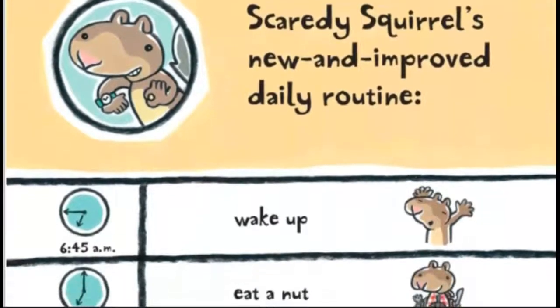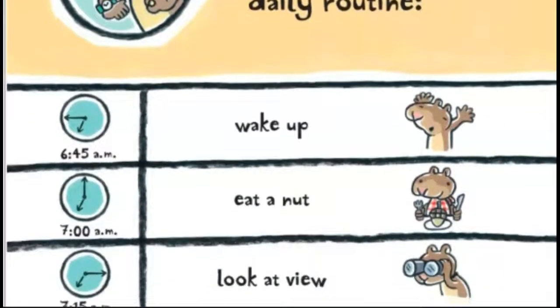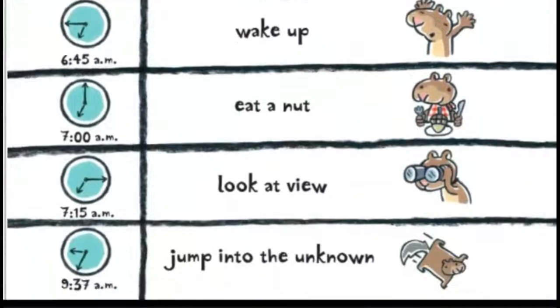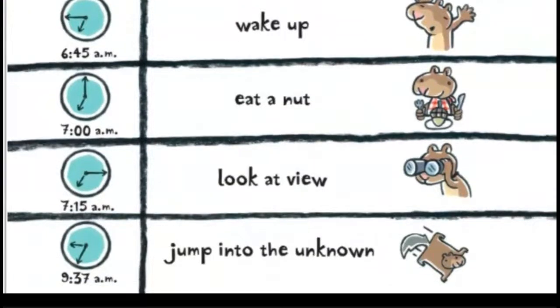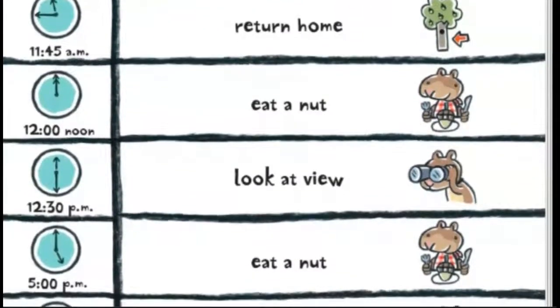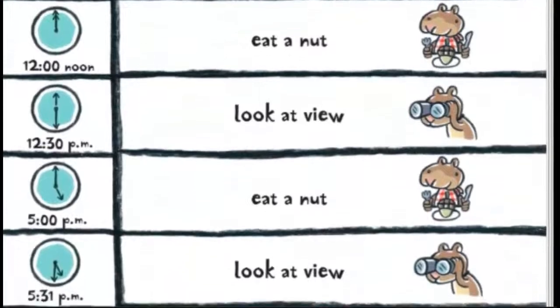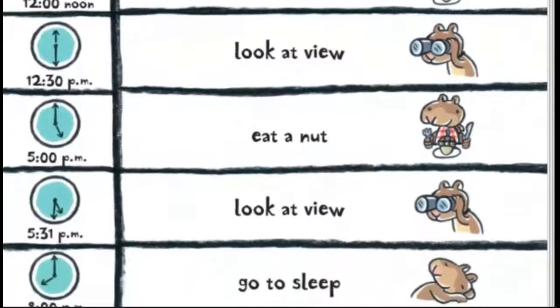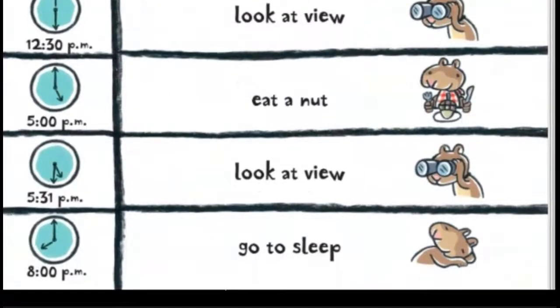Scaredy Squirrel's new and improved daily routine. 6:45 a.m., wake up. 7 a.m., eat a nut. 7:15, look at view. 9:37 a.m., jump into the unknown. 9:45, play dead. 11:45, return home. 12 o'clock noon, eat a nut. 12:30 p.m., look at view. 5 o'clock p.m., eat a nut. 5:31 p.m., look at view. 8 o'clock p.m., go to sleep.